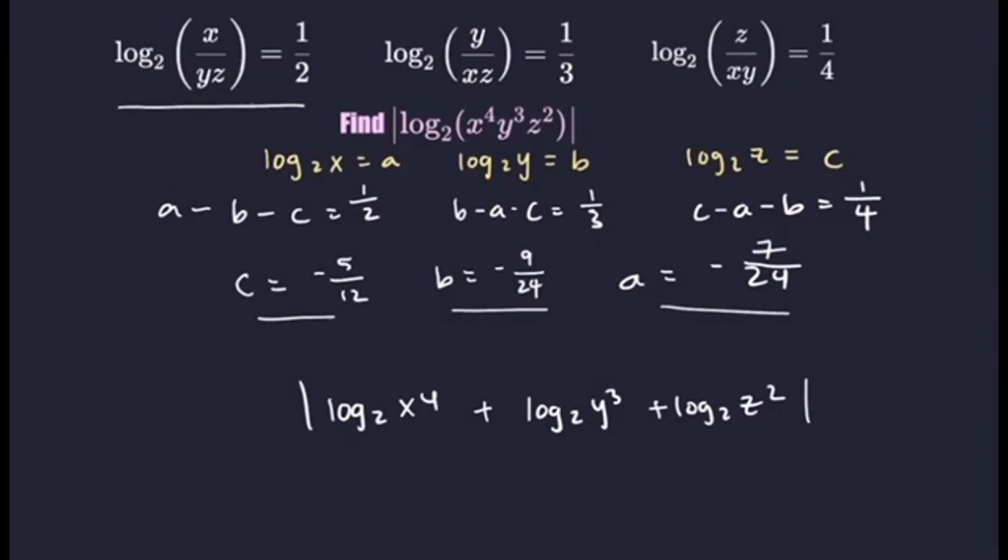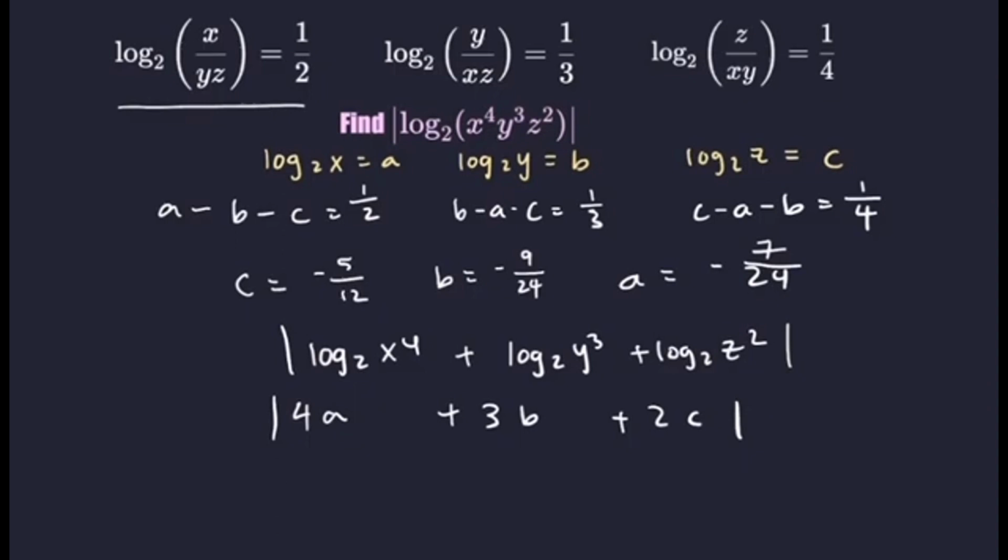So let's do that. I'm not going to write log base 2 of x because we have a variable for that. Log base 2 of x is a. So I'll go ahead and skip a step and just say 4a plus 3b plus 2c, and the absolute value of that. So now all we have to do is plug in a, b, and c, and you should get on the inside negative 25 over 8, but the absolute value of that is 25 over 8.